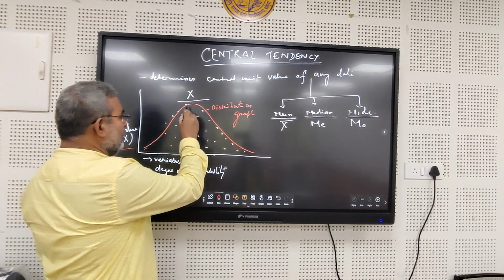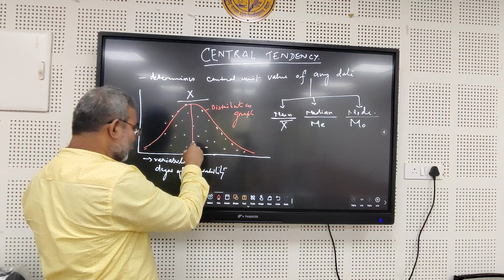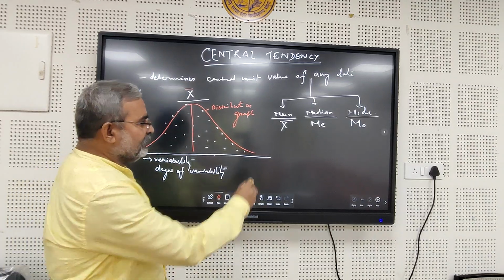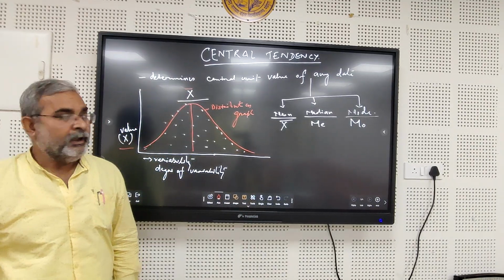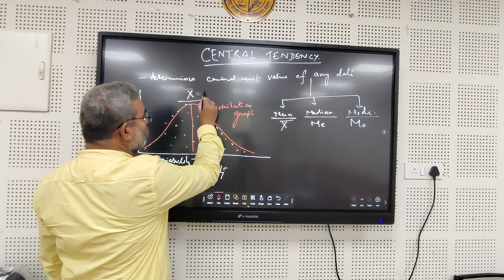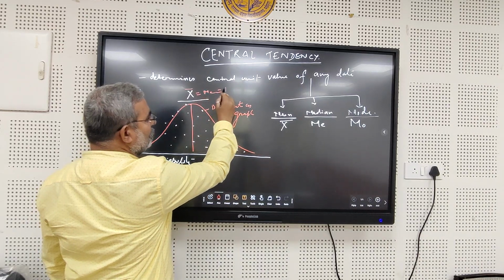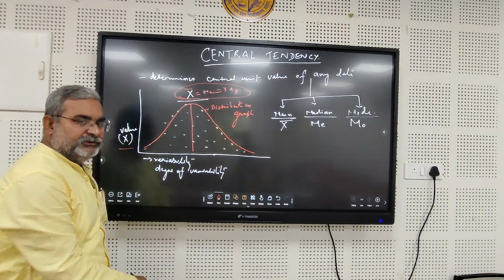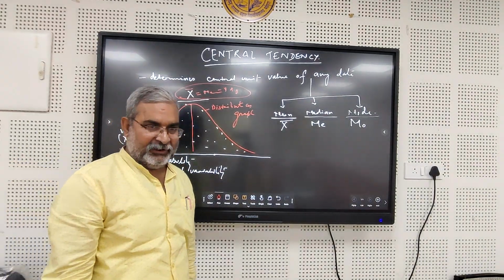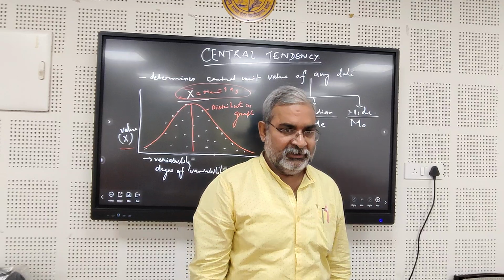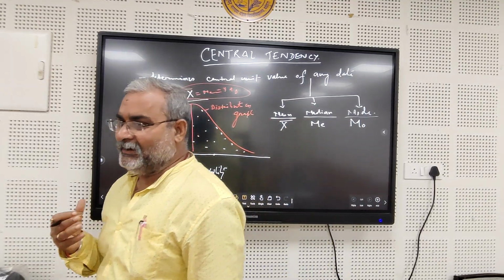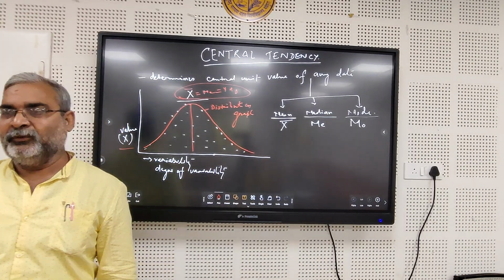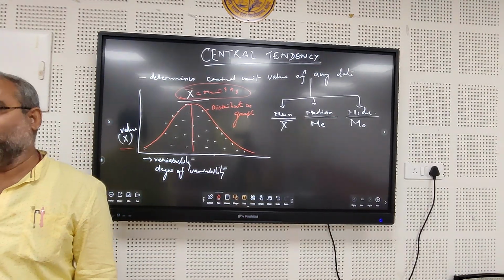If it is symmetrical with respect to x bar, that is the mean, and it is equal to the median and equal to the mode, then it represents the normal pattern of distribution. And it represents that the population is in a stable condition with respect to that particular variable.